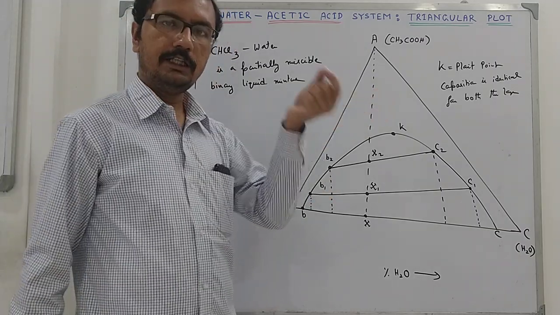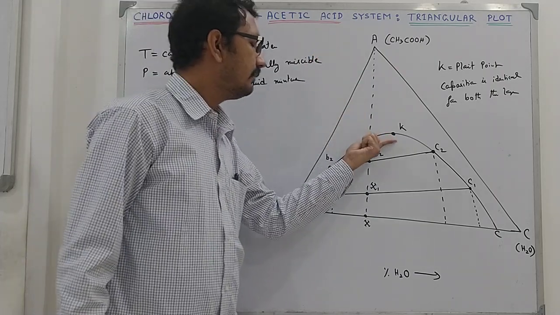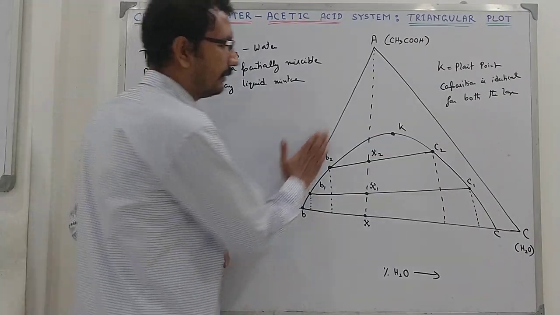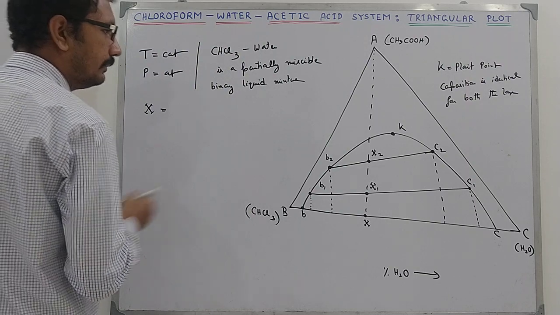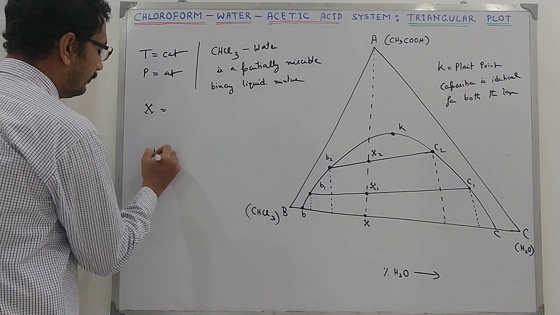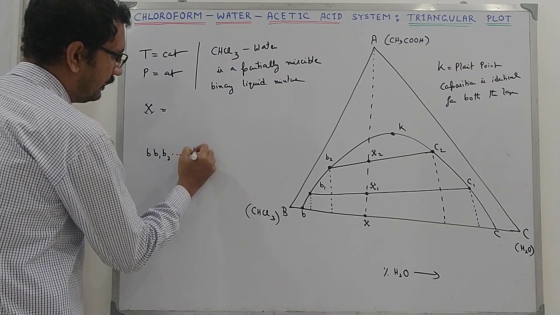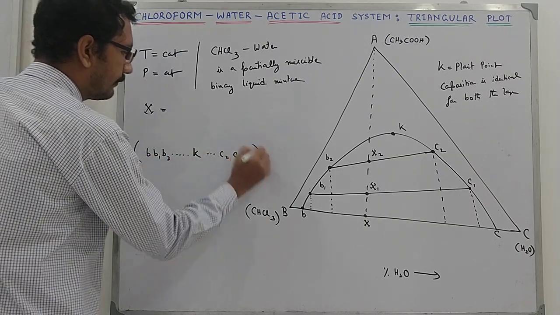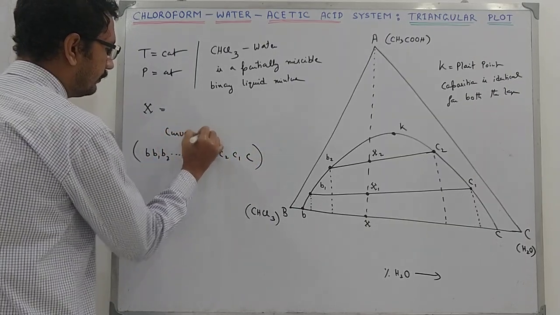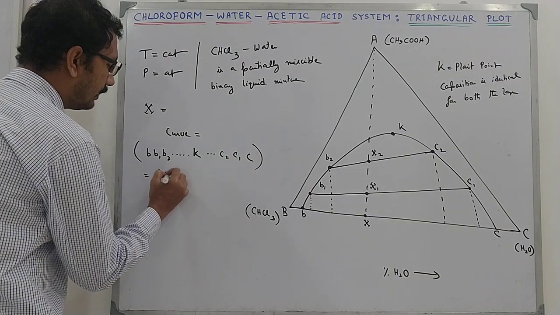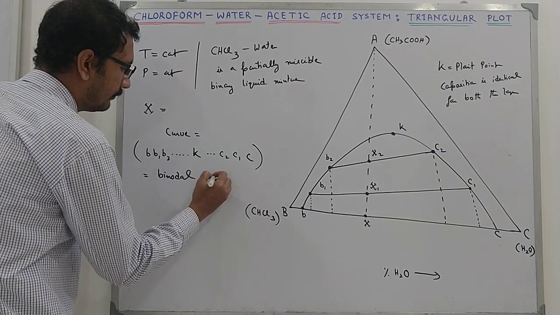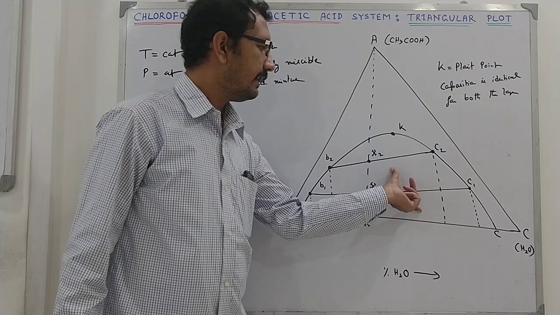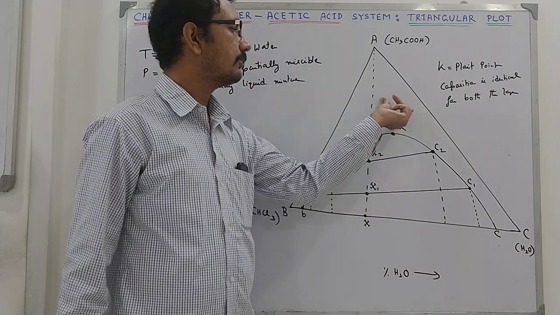Now any further addition of A will convert these 2 layers having identical composition to a homogeneous layer. So this domain, that is B, B1, B2 ... K ... C2, C1, C, this curve is called the binodal curve, and it is the boundary which demarcates the heterogeneous solution and the homogeneous solution.